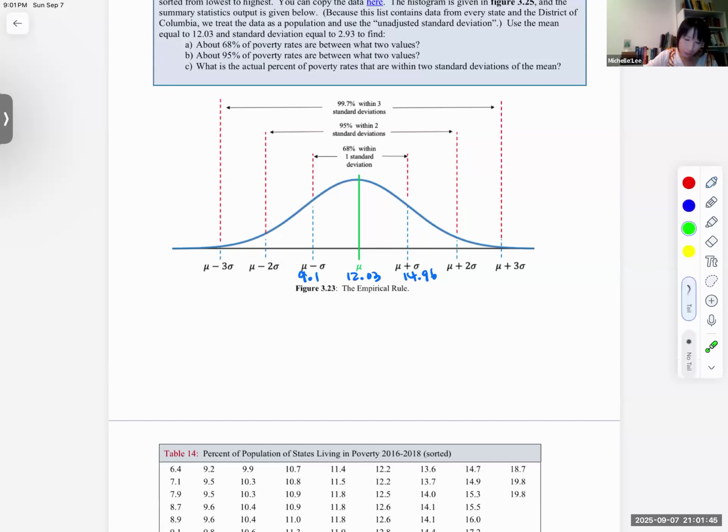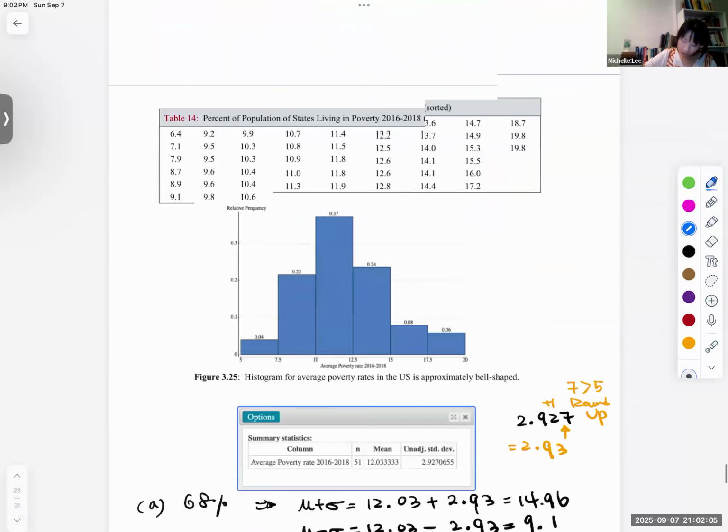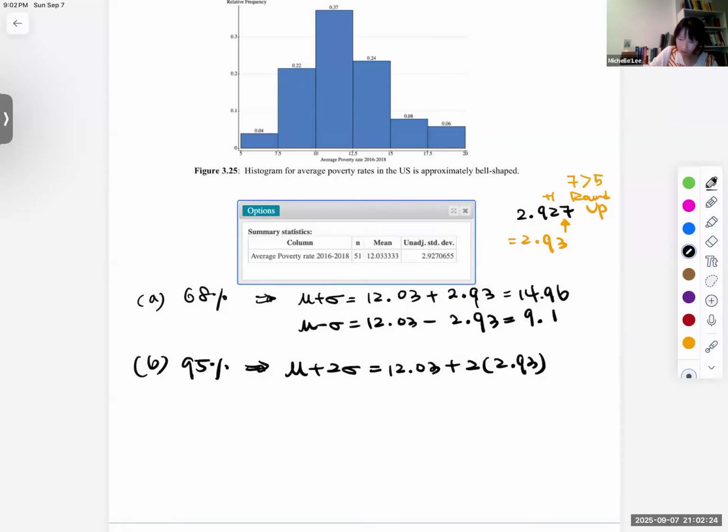Now the second part, 95%. So 95% will be within two standard deviations, right? So we want to calculate mu plus 2 times sigma and mu minus 2 times sigma. Mu plus 2 times sigma is 12.03 plus 2 times sigma.